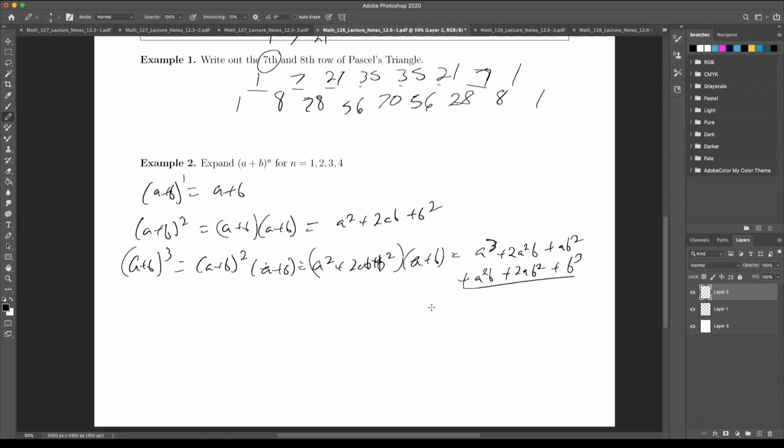And if I add this up, I'll get a cubed plus this and this will add, so I'll get 3a squared b plus this and this will add, I'll get 3ab squared plus b cubed.